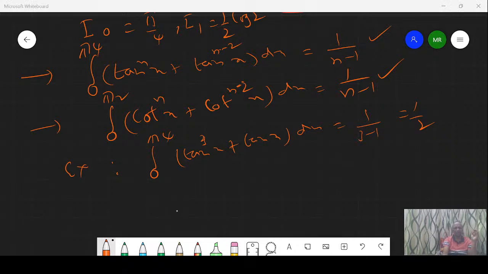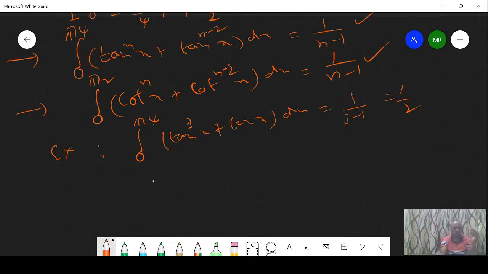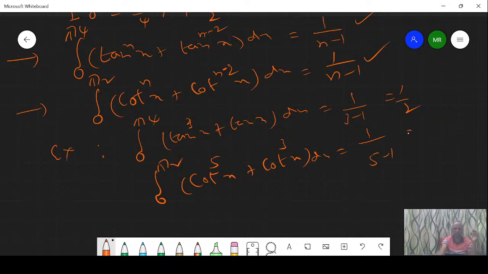Another example: integral 0 to pi by 2, cot power 5x plus cot power 3x dx. So the answer should be, compared with this, 1 by 5 minus 1, it will be 1 by 4.